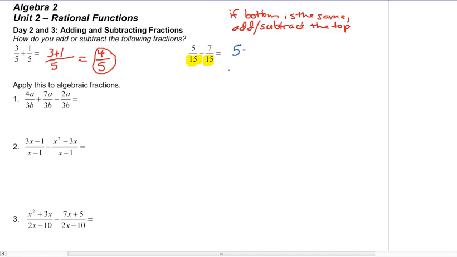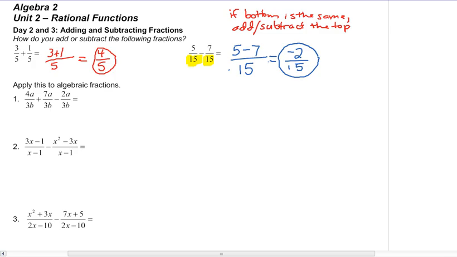So 5 minus 7 over 15. 5 minus 7 is negative 2 over 15. And that's your final answer.